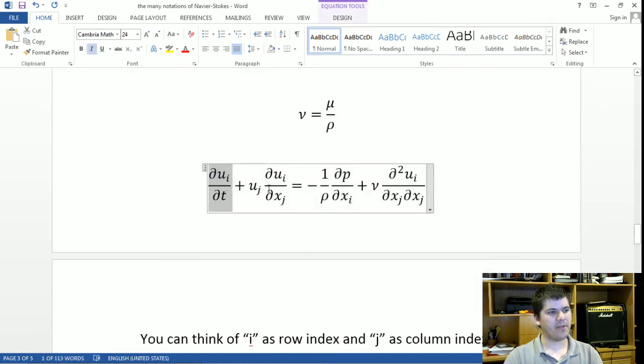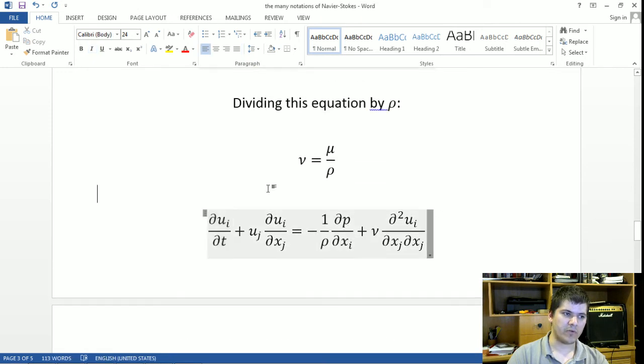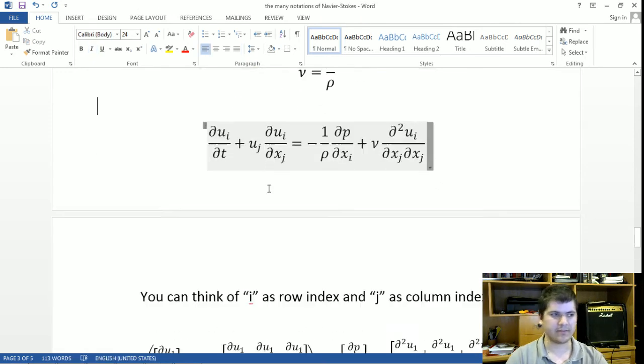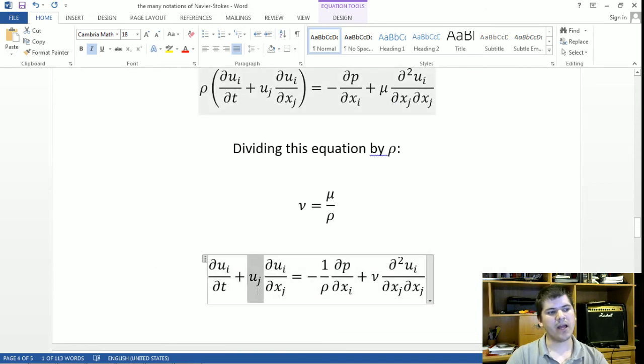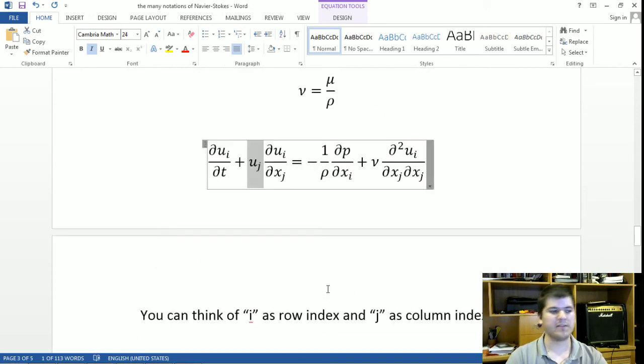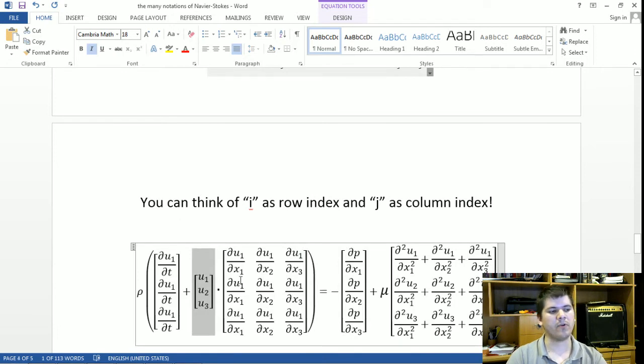So this term here, if you remember, i corresponds to the row index. So we have here our vector of the temporal acceleration. Here we have the vector u, which is the velocity, expressed here in matrix form. Remember that you can express a vector in matrix form. It can be a matrix of one column, or you can express it as a matrix of one row.